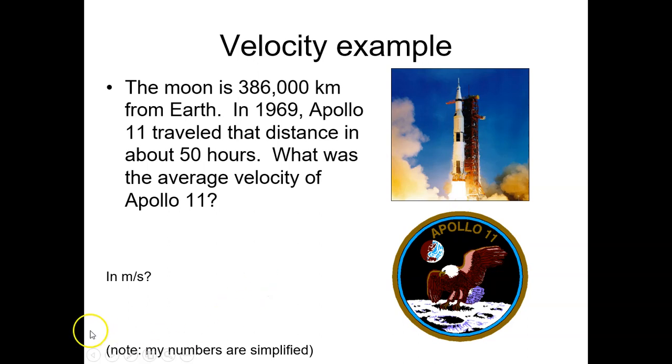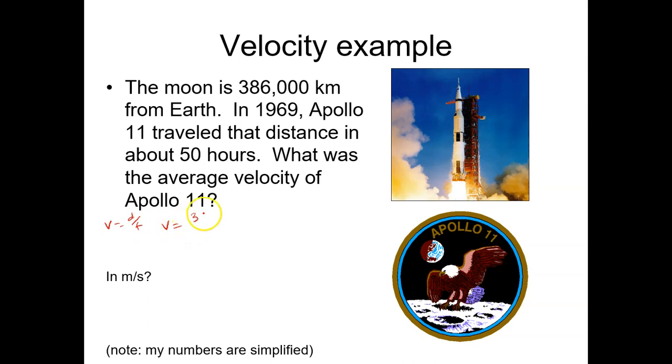So the moon is 386,000 kilometers from Earth. In 1969, Apollo 11 traveled that distance in about 50 hours. What was the average velocity of Apollo 11? So again, we have our formula, velocity is distance over time. So we're just putting our numbers in.